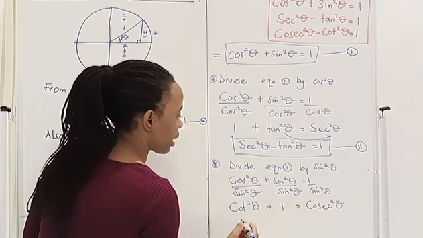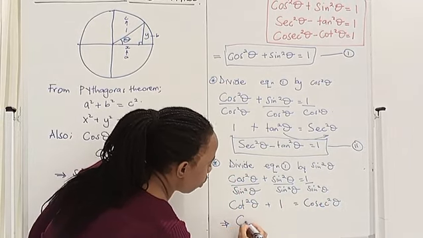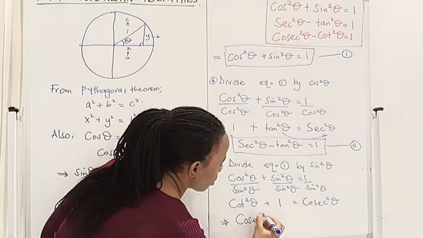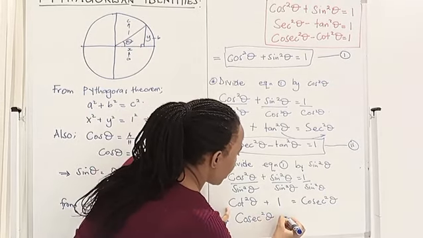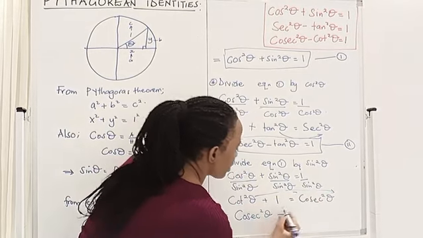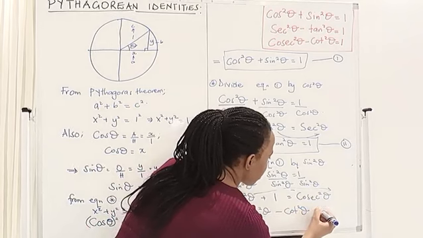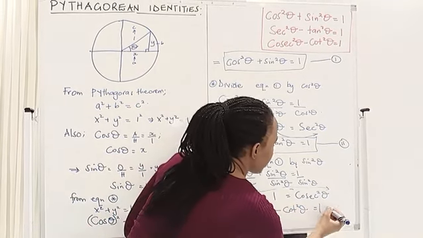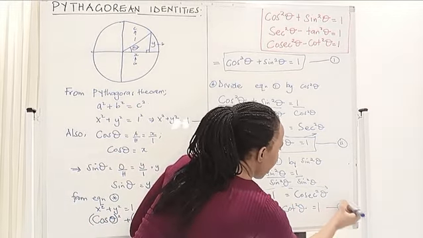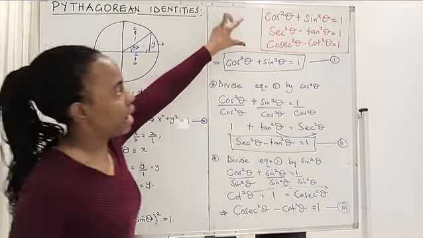Then I start with cosec and I will say this implies that cosec squared theta minus, because it has moved to the right and it has become negative, so minus cot squared theta is equal to 1, and that is my third Pythagorean identity.